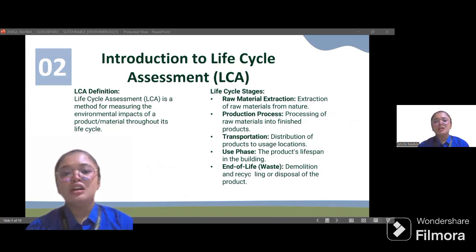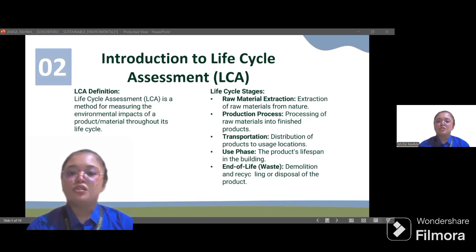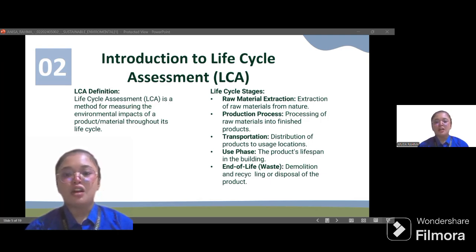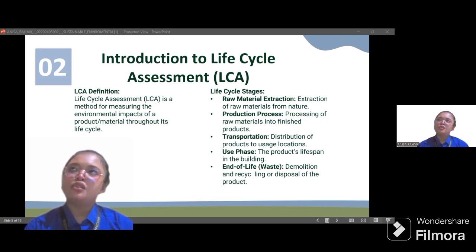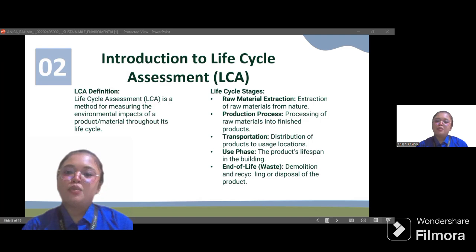By definition, life cycle assessment is a methodological approach used to evaluate and quantify the environmental impact of a product, process, or activity from the beginning to the end of its life cycle. This is often referred to as a cradle to grave approach, which means that every stage is considered from raw material extraction to end of life disposal.